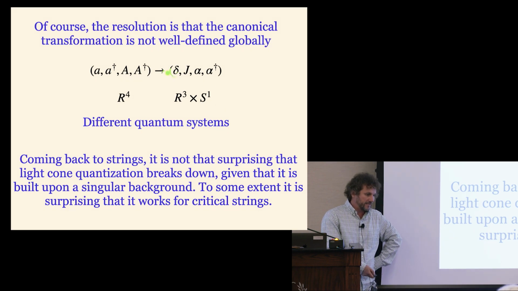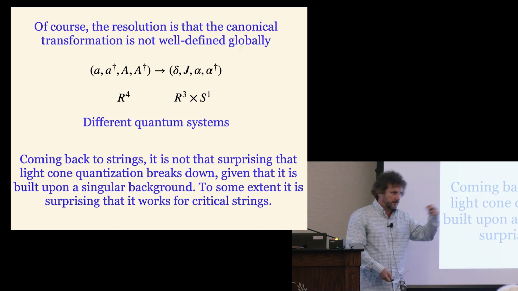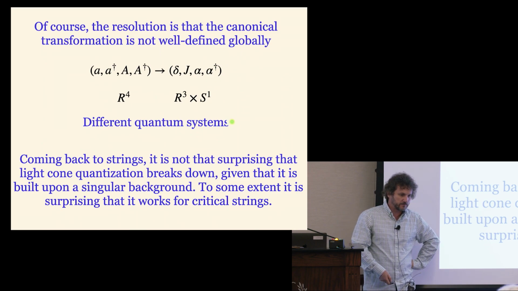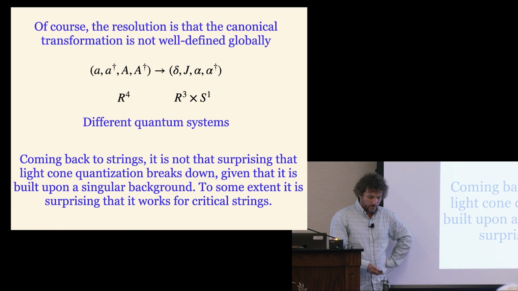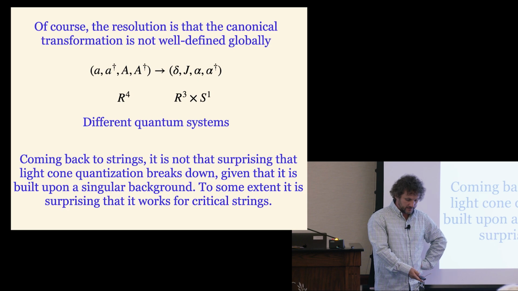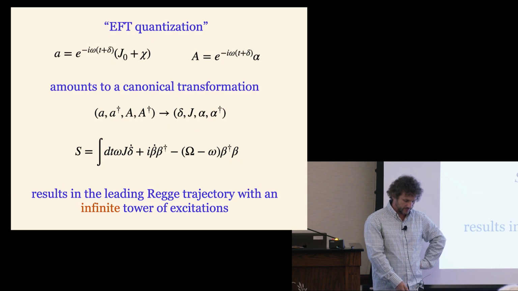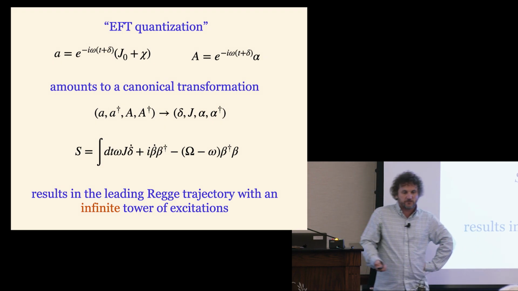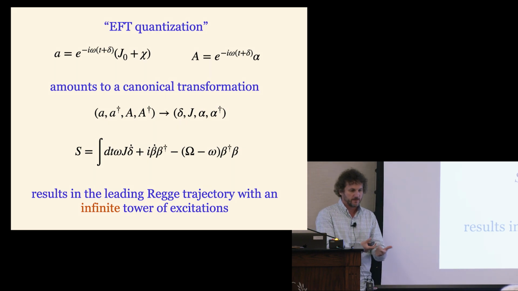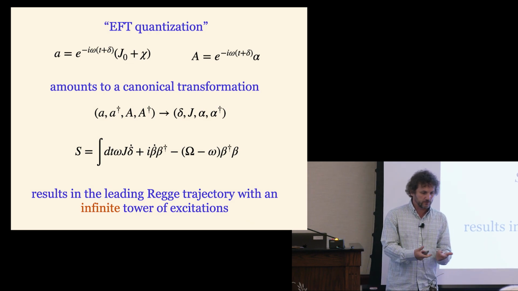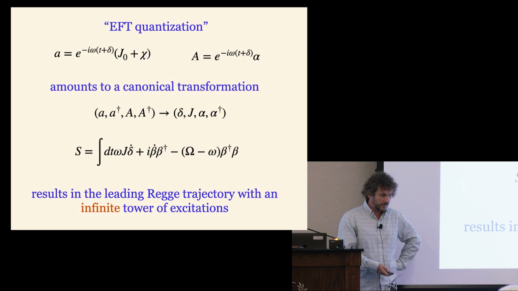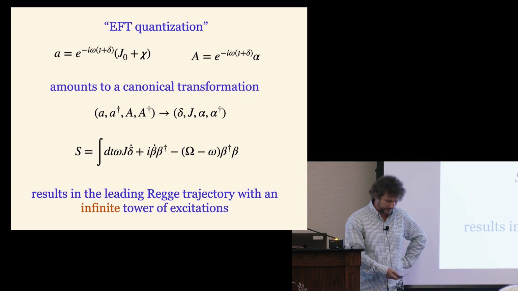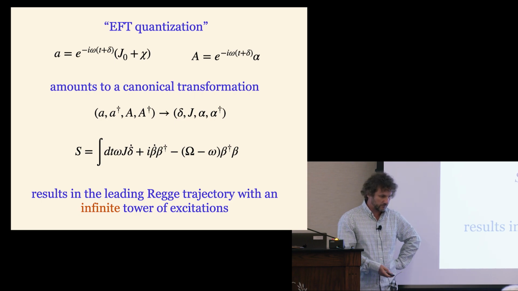Namely, the phase space for two oscillators is R4, and here we have R3 cross S1, where S1 is this phase. Actually, both of these systems are well-defined quantum systems. They're just different quantum systems. So locally, there is a canonical transformation between them, but globally, the structure of the phase space is different, and that's why one gets a different set of quantum numbers.